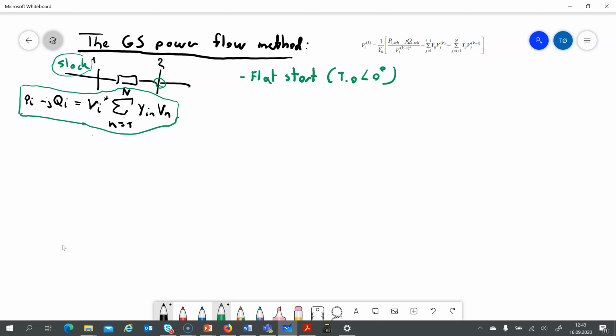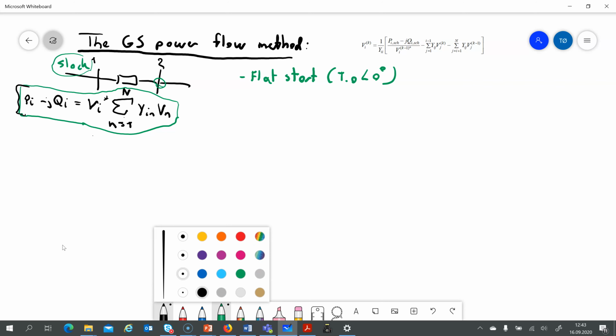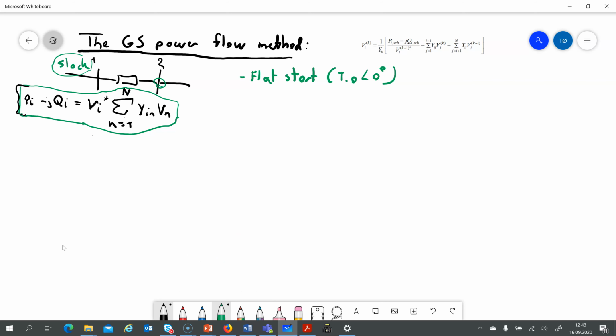So here is the equation I've seen before, how you define the power flow problem. We can then from this use the following.